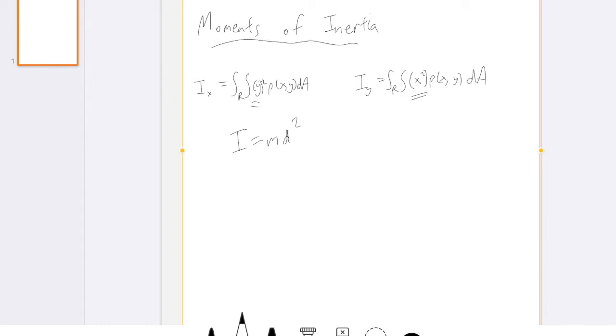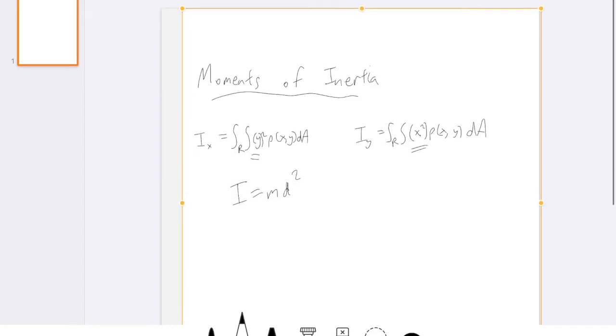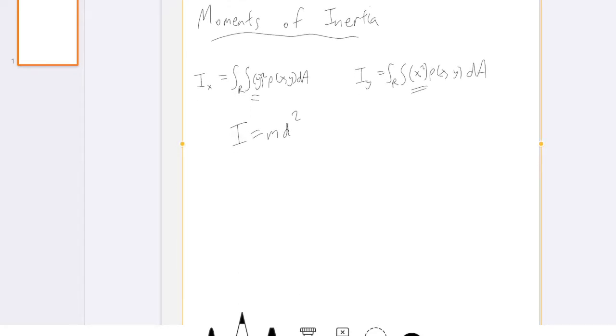So what's the difference between I sub x and I sub y? Well, let me draw it out. So let's say you have some planar lamina, like this right here. I sub x is going to be how difficult it is to spin around the x-axis, so this way.